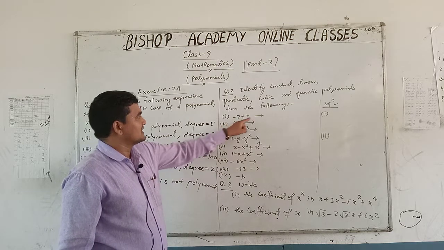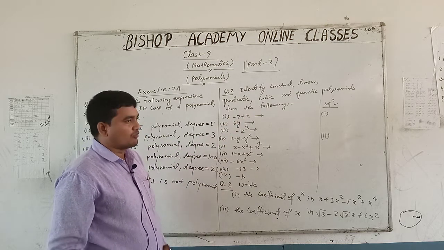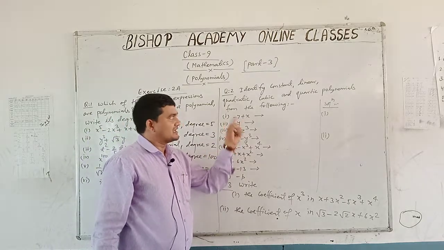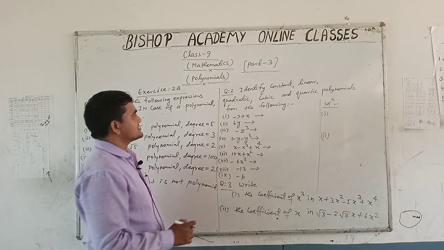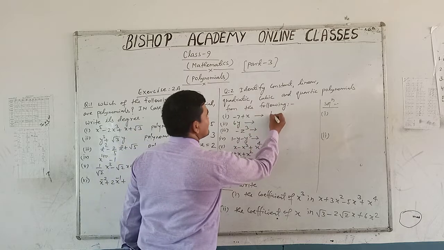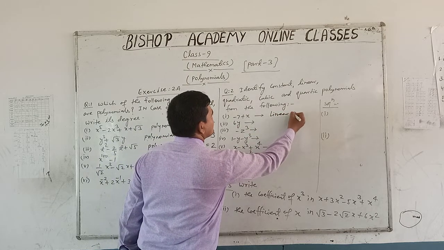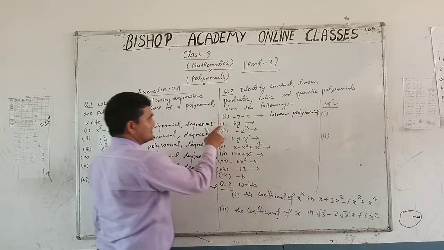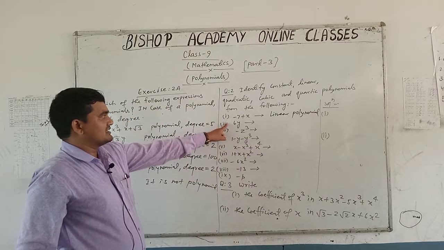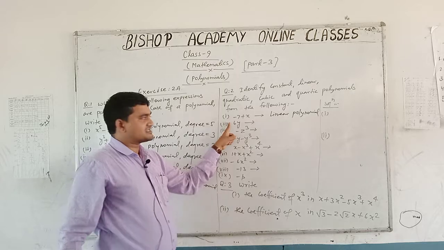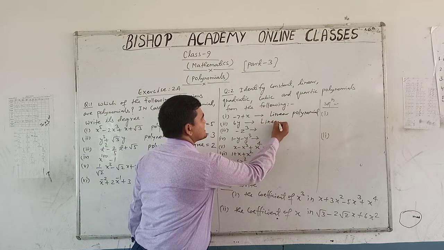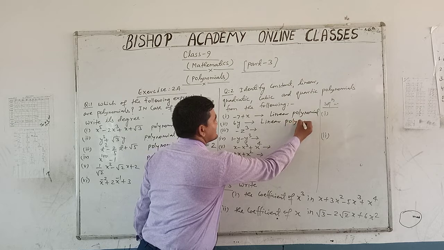In this polynomial degree is 1, and also we know that when degree of polynomial is 1, then it is linear polynomial. And in second part also its degree is 1, therefore again it is linear polynomial.